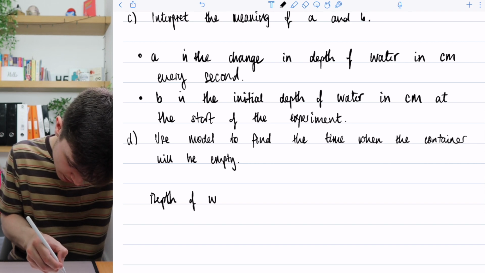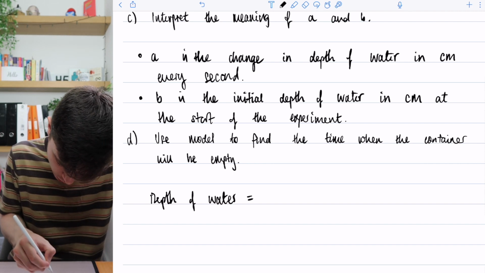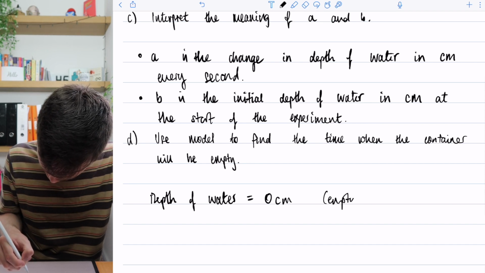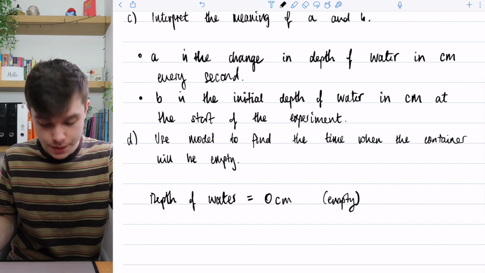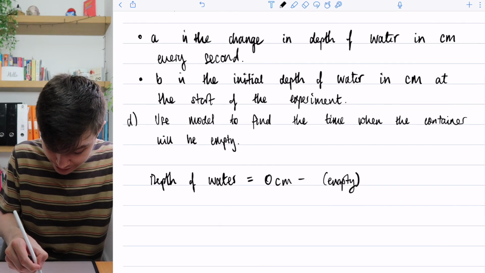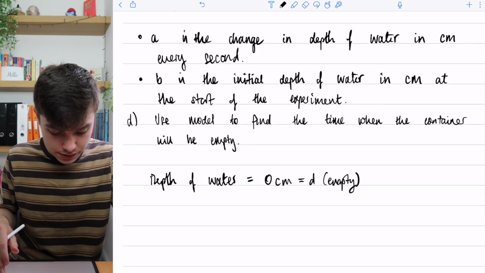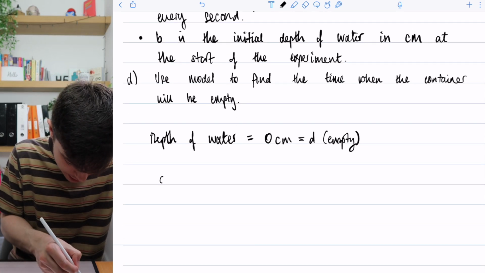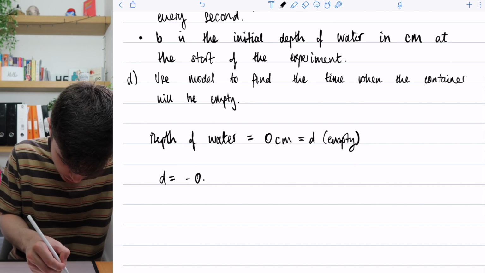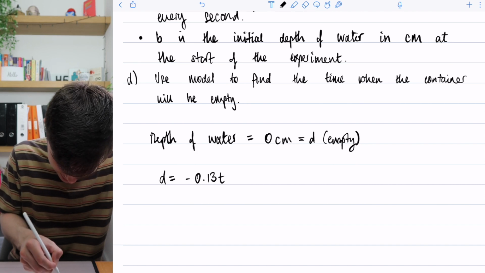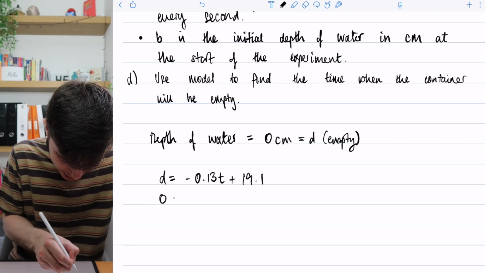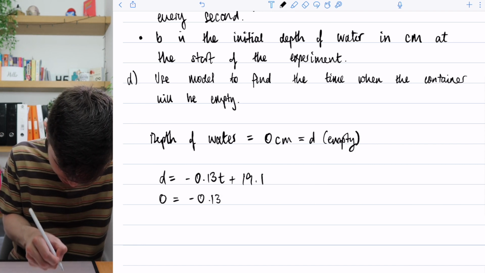Depth of water will be equal to 0 centimetres, because that will make the container empty. So let's set, remember that is D, let's set D equal to 0 in this equation. So D is equal to minus 0.13t plus 19.1. Set D equal to 0, we'll get this.